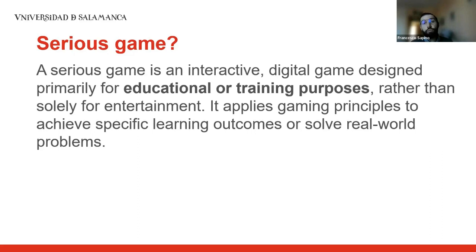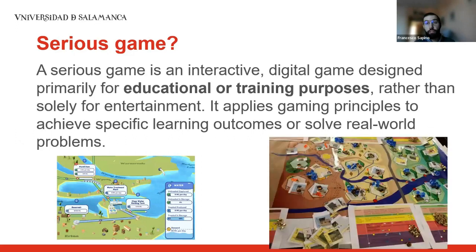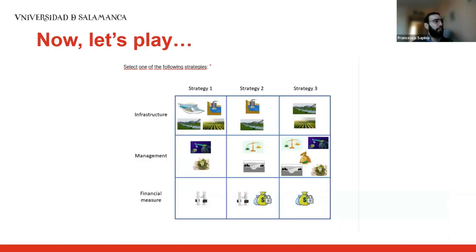Still, it should also in some way be entertaining. There are many different ways in which we can implement a serious game. There are actual computer games or some board games. What we are going to play today is another version of this game.